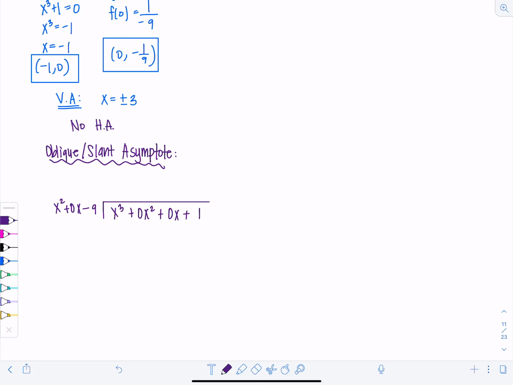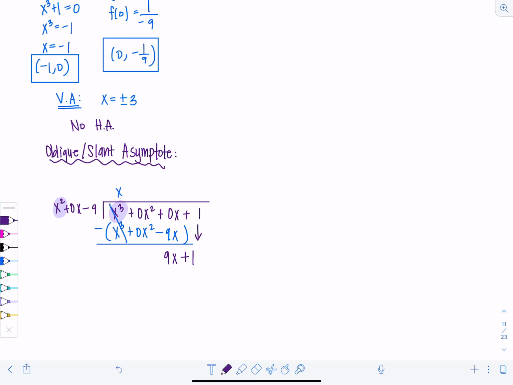Okay, so here we go. Remember, I'm dividing x cubed by x squared, so I'm just going to need an x here, and then I'm going to multiply that out. So we have x cubed plus 0x squared minus 9x, and then I subtract all this. So the x cubes cancel out, which we expected, and then I have 0x squared, so that's gone, and now a positive 9x plus 1.